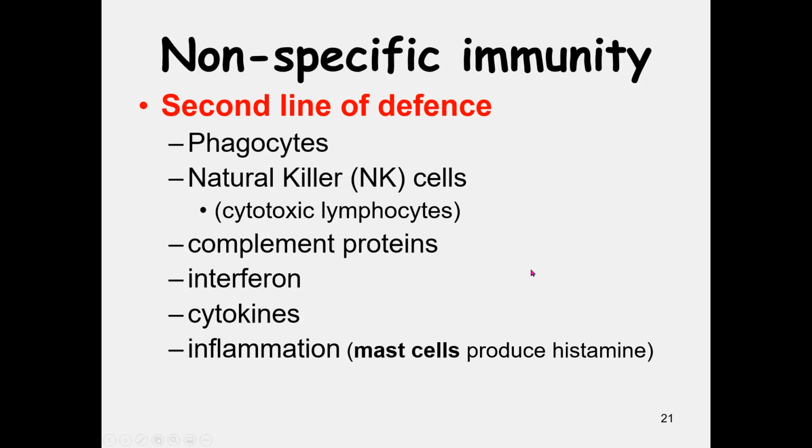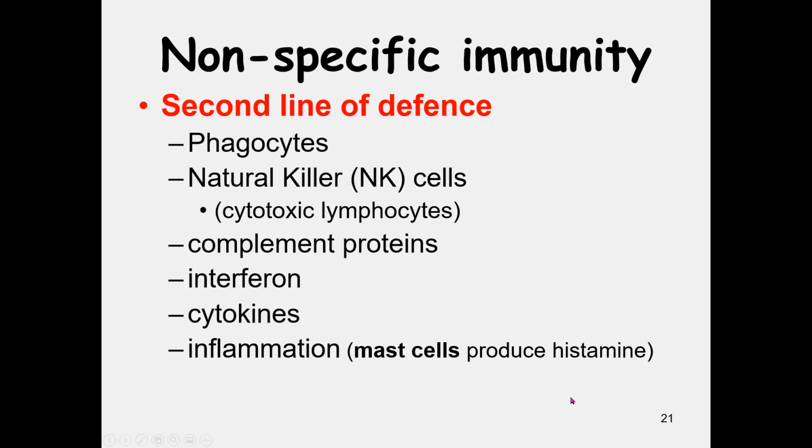Then there's also inflammation. Now, inflammation is useful because the mast cells in our skin usually produce histamine. If you get scratched by a cat or pricked by a rose or something, you'll get a little red mark and it's itchy. The itchiness is due to the histamine released by the mast cells, done to protect that particular area.